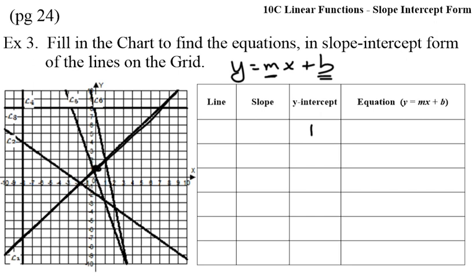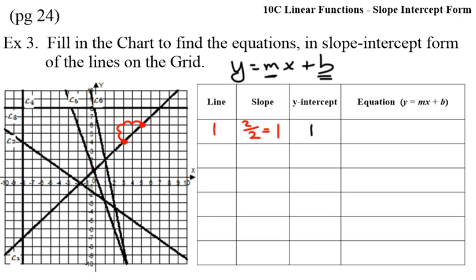What's the slope? Well, what do I want to do? I want to find a couple points on that line that are distinct points of intersection so that I can come up with my slope. Rise 2, run 2. So my slope is 2 over 2 for line 1, which is a slope of just 1.